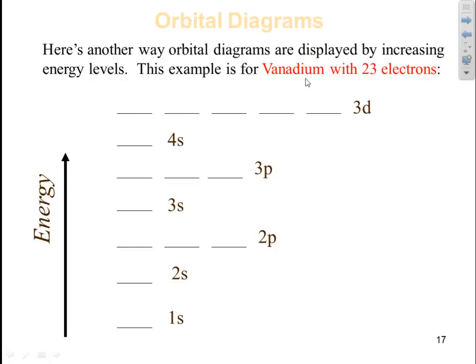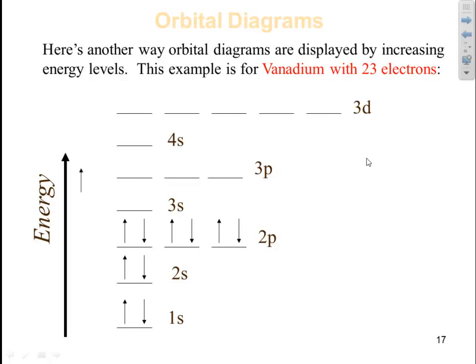For this example, we're going to do vanadium, which has 23 electrons to account for. So we'll fill one up, one down for 1s, one up, one down for 2s, one up, again, and a third one up for the 2p's. Then we come back and pair, one down, and one down.